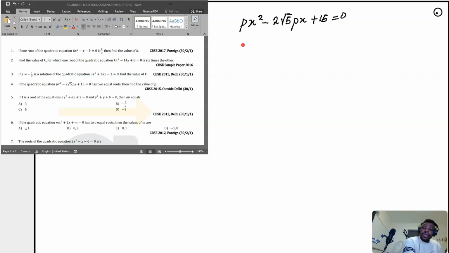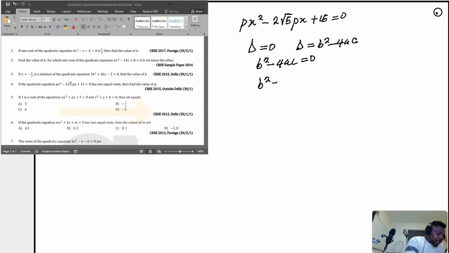Remember, 2 roots are said to be equal when the discriminant is equal to 0. So D equals 0. And D here is b squared minus 4ac. So that means b squared minus 4ac equals 0, so b squared equals 4ac. So 2 roots are said to be equal when b squared equals 4ac.